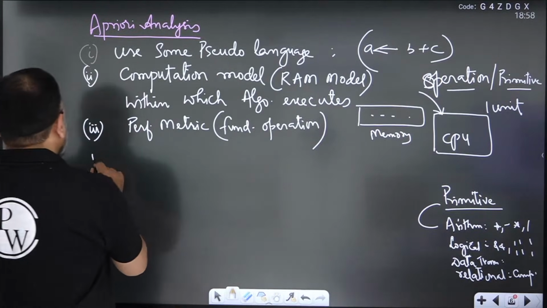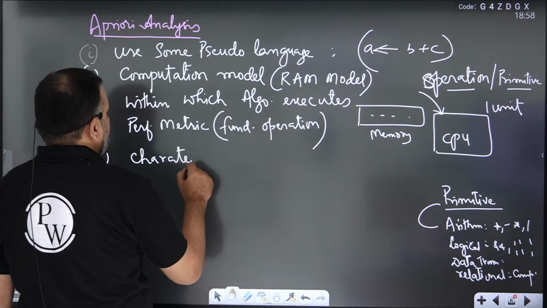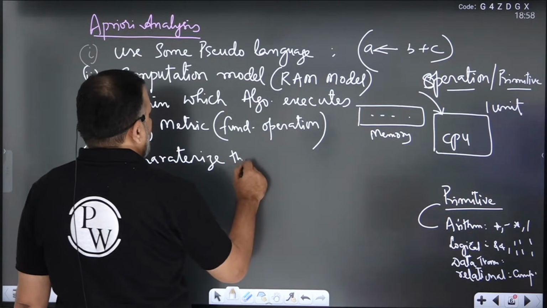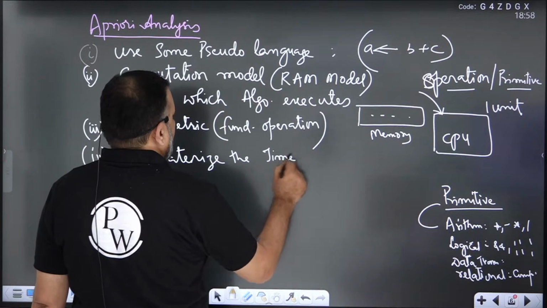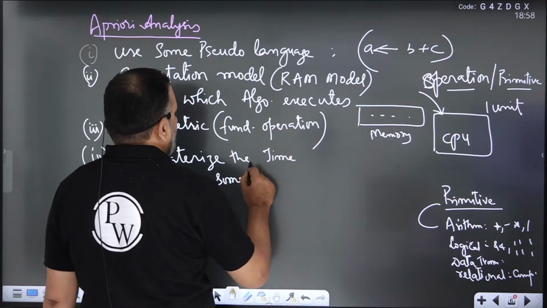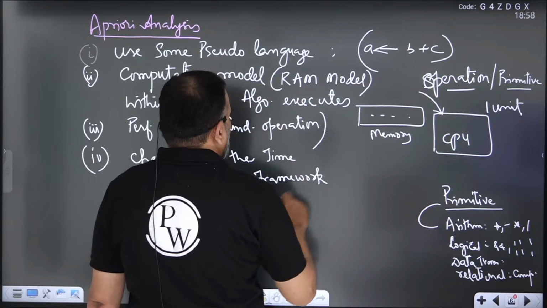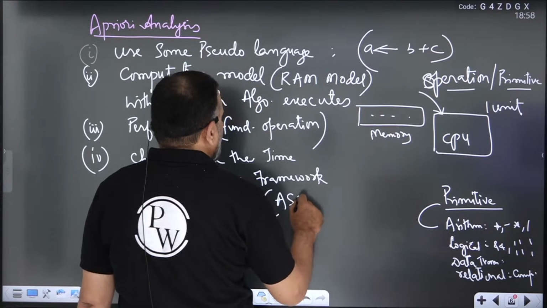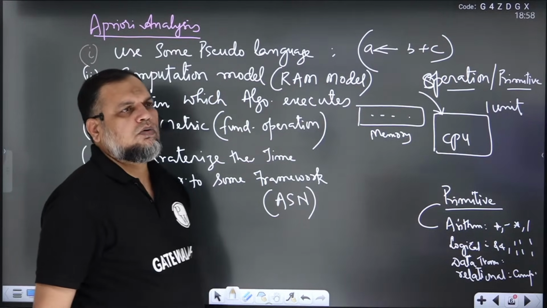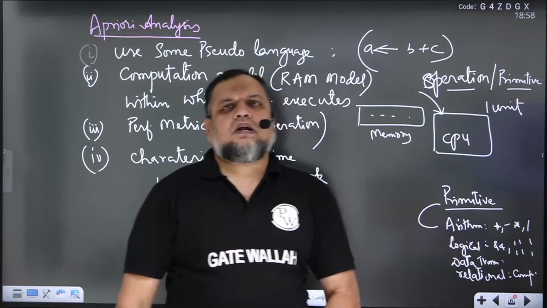फिर उसके बाद लास्ट स्टेप है a priori analysis का, you are going to characterize the time with respect to some framework. Representation है टाइम का, यहां पर हम बोलेंगे asymptotic notation. The asymptotic notation is only a tool, basically, is only a part of a priori analysis.